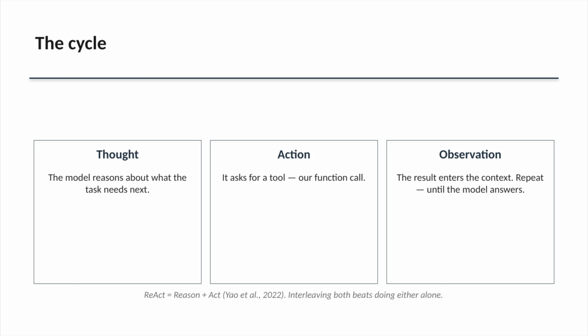The model asks for a tool. Then, an observation. The result of that tool comes back into the context. And the cycle repeats: thought, action, observation, until the model decides it can answer. The paper's finding: models that interleave reasoning with acting beat models that only reason, and models that only act.